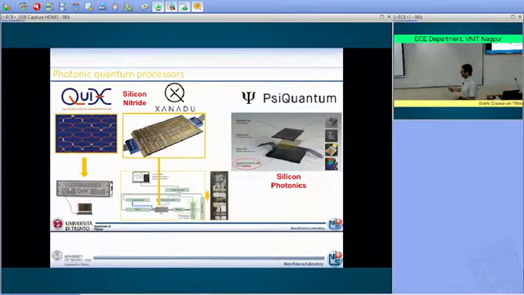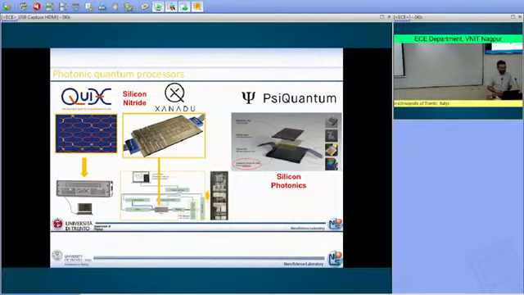They are claiming to be able to make a quantum computer with 1 million qubits in 5 years from now. Then there is Xanadu, a Canadian company that is selling quantum computers.